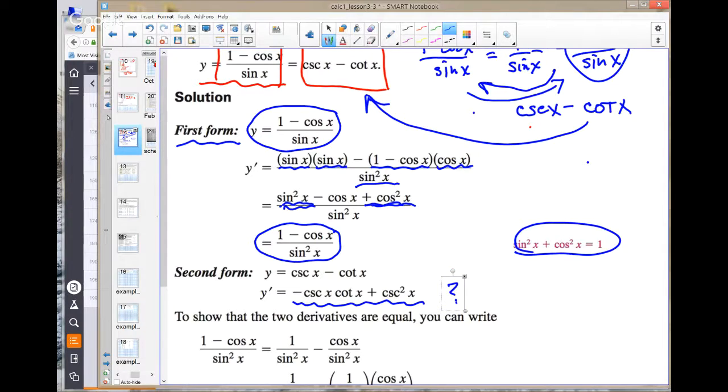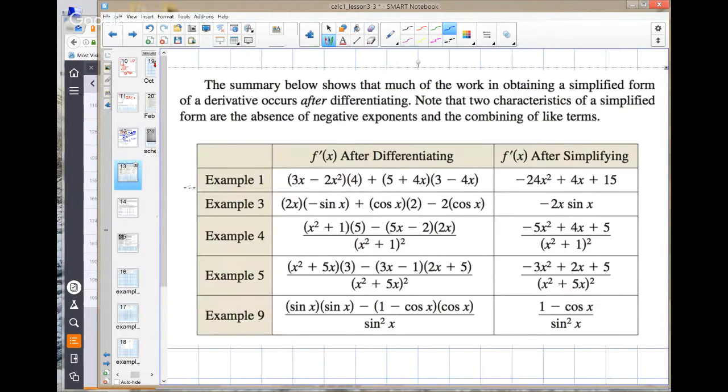I just want to make one more point, then we're going to leave the higher order derivatives. I'll maybe start it, but I feel like we need another day on this. So what this slide is showing you is finding the derivative is only half the battle. When you're done with the derivative, you usually have to do a bunch of algebra to simplify your answer, and that's what this is all about.